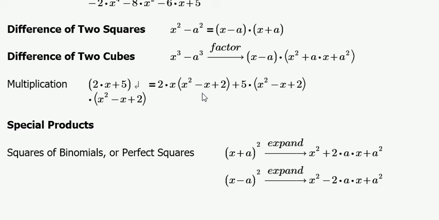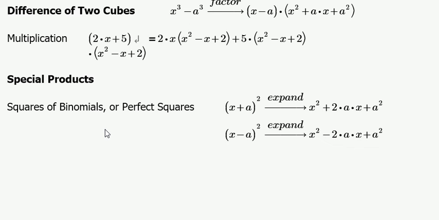Multiplication of two monomials or polynomials. Take the first term of the first expression and multiply all the terms in the second expression. Then consider the sign of the second term, and multiply all the terms in the second expression, the second polynomial.